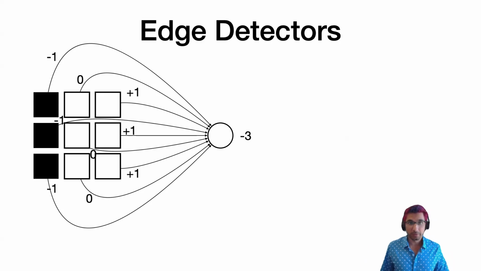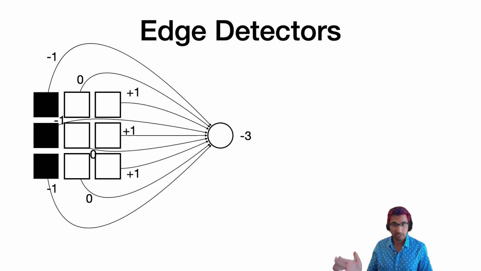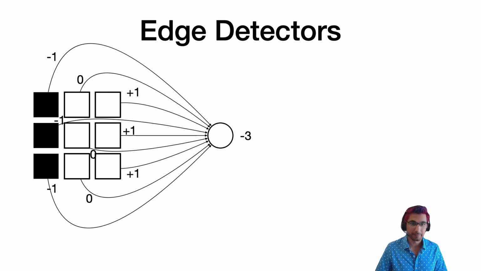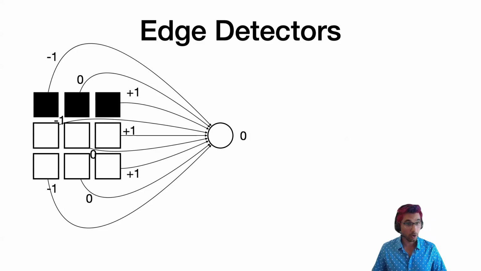And this is what happens whenever there's a vertical line that goes somewhere in this little 3x3 grid. It'll respond very strongly, either strongly positively or strongly negatively. Whereas if we have a horizontal line here, one of the pixels gets counted positive, one of them gets counted negative, and it all cancels out. So the neuron reacts at 0.